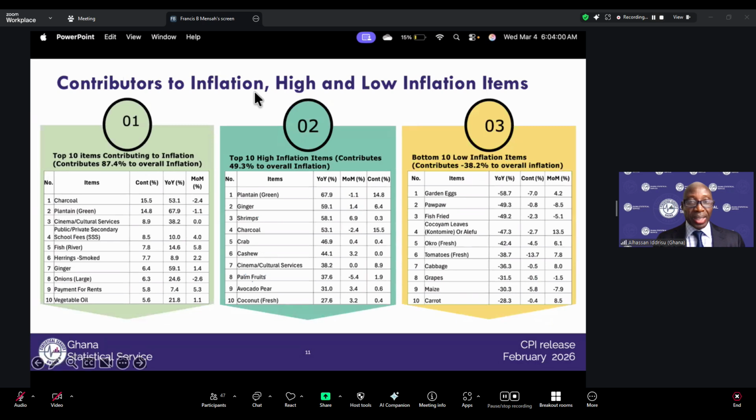Reduced. So if you put all these 307 items together, that's when we talk about general price level increasing by 3.3% in February 2026. So inflation in simple language is the rate at which the general price level rises.